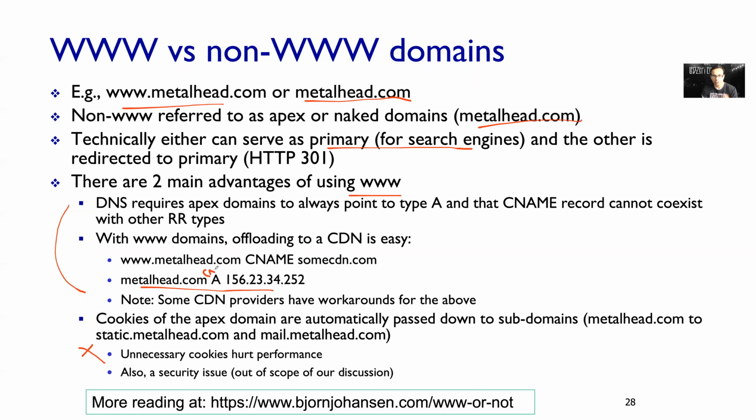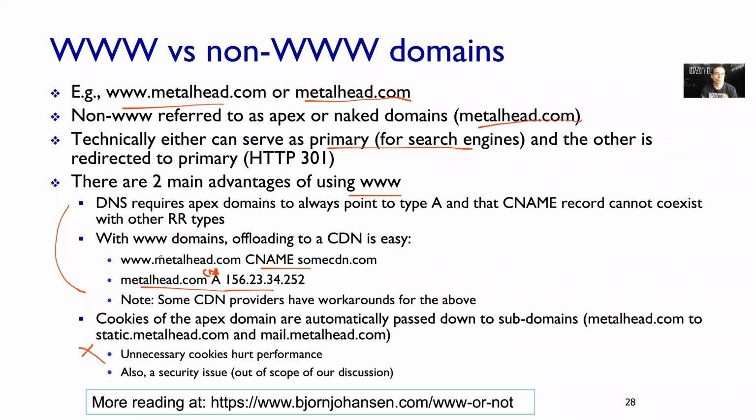That's not allowed according to the way the DNS standard is set up, right? So what that means is if ever you wanted to outsource your hosting to a CDN provider or some other web hosting facility, you cannot use your Apex domain, because you would need a CNAME entry in order to do that, and you cannot do that on your Apex domain.